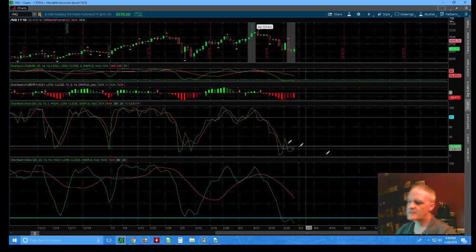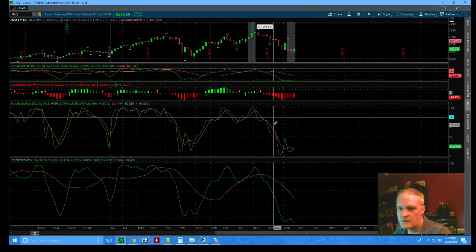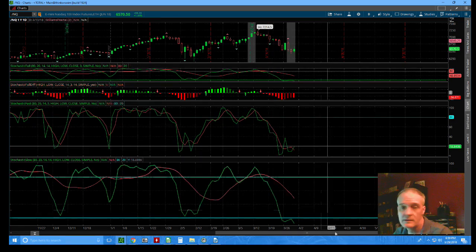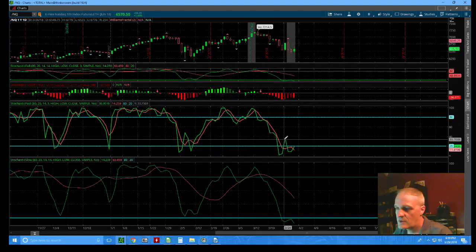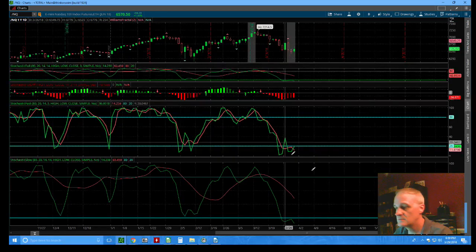is it basically takes percent D, and that is now your percent K, or call it slow K. So in this case, the green line is fast K, which was just that formula over 14 periods.